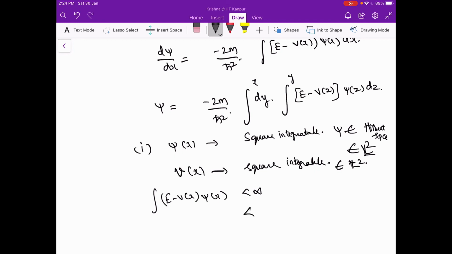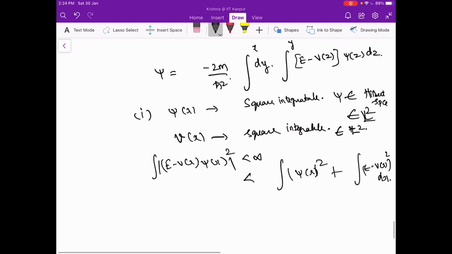By Cauchy-Schwarz, this should be less than the integral of psi squared times the integral of E minus V of x squared. This is the Cauchy-Schwarz inequality theorem. So if we assume these two to be square integrable, this should be less than infinity.